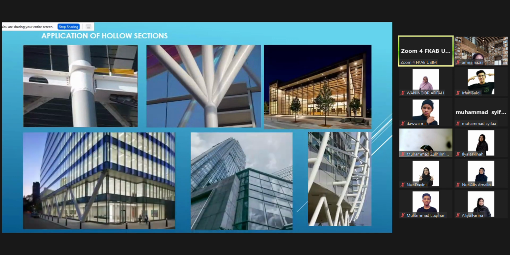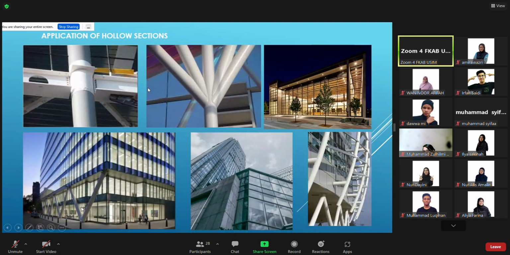This is for something like, it can be decorative, it can also function as a structural member. The bottom left building, the corridor, having all this V-shaped kind of structure. It supports the overhang roof and the overhang floor on the top.